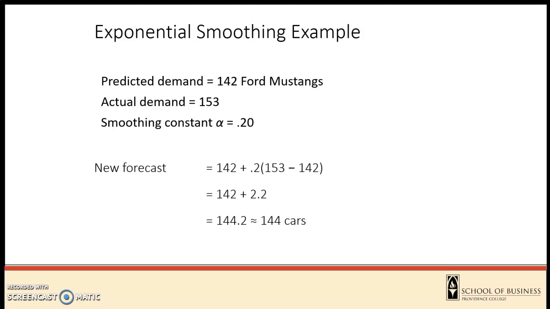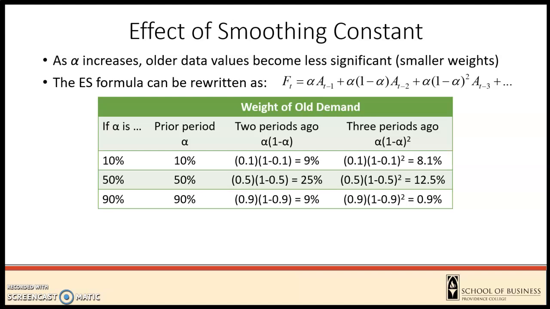Now, I did promise that we'd look at the effects of the smoothing constant, so let's do that. Let's say we're looking at that same data, and as we increase alpha, the older data becomes less significant, because alpha really is a percentage.